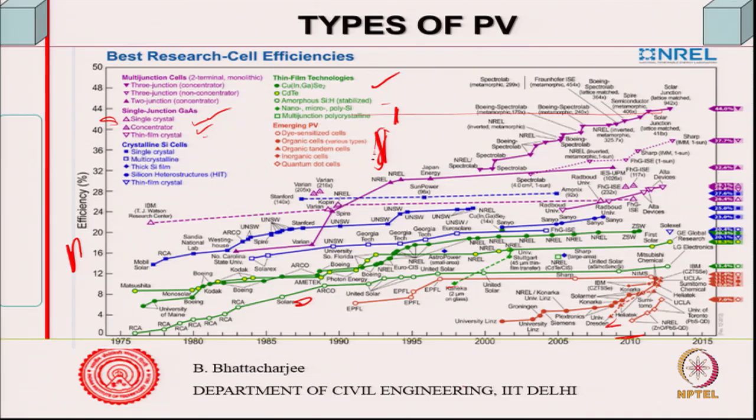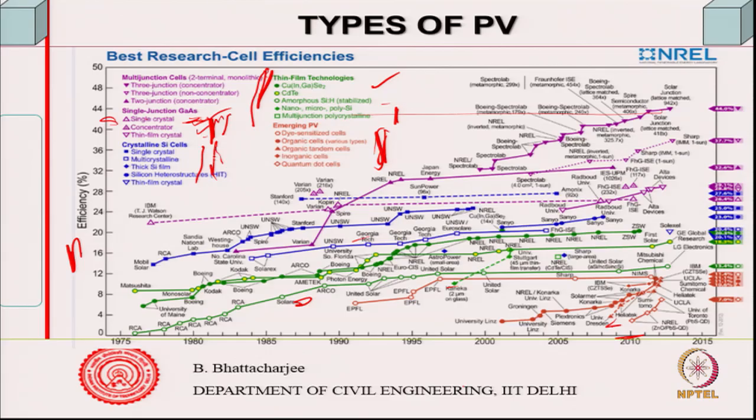So, one can choose, for example, these types: multi-junction cells, single junction ones, crystalline silicon cells, germanium, and this is single junction germanium, and germanium and arsenide cells. This one gives you high efficiency, multi-junction cells give you high.